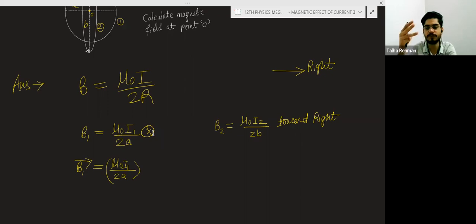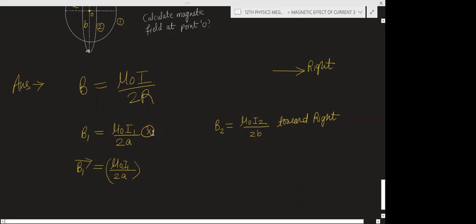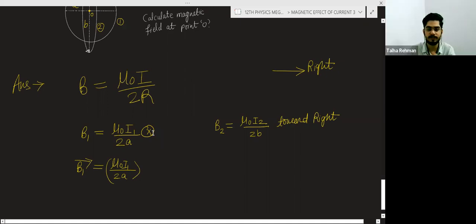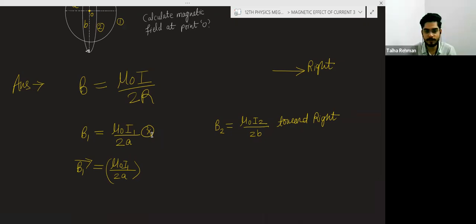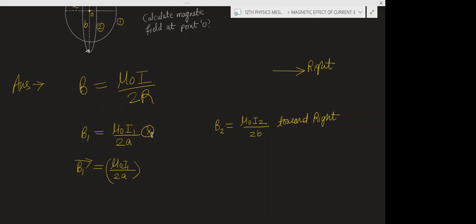There are three types of unit vectors: I vector, J vector, or K vector. So which type of vector will you use here if your direction is inward? Okay, just try, no problem. I am telling, for X, it will be I. I is for x-axis.